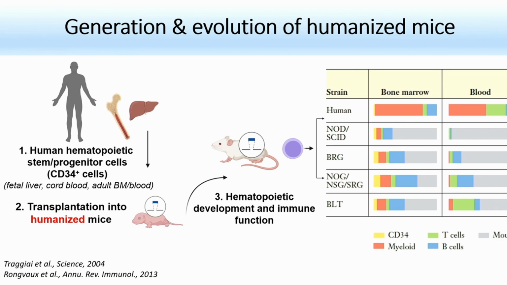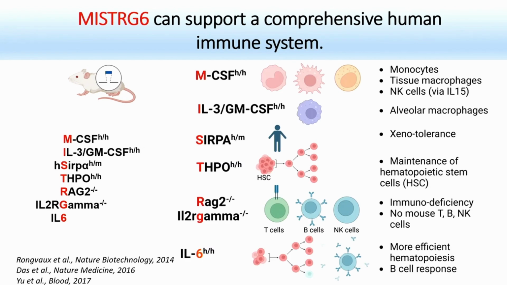So I went backwards, didn't I? I'm really good at going backwards here. Okay, so this is the mouse that we ended up with. And on this slide, we have 6 genetic changes. So let's look at the top one, MCSF. This is a factor which enables an immune cell precursor, so a cell coming from the bone marrow, to become what we call a macrophage.